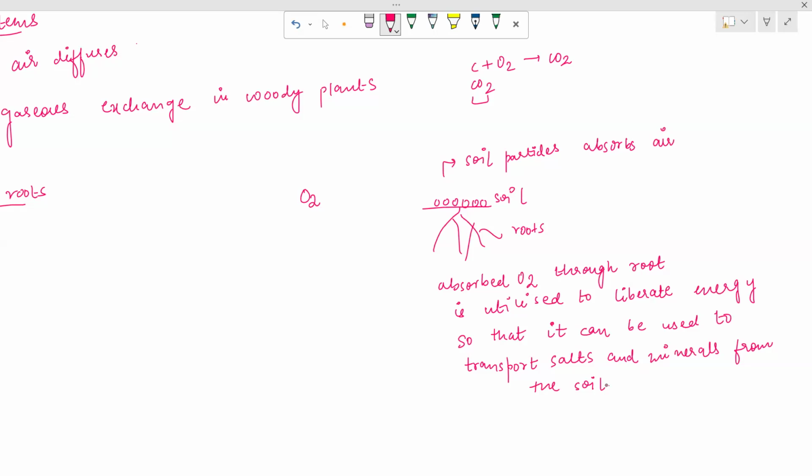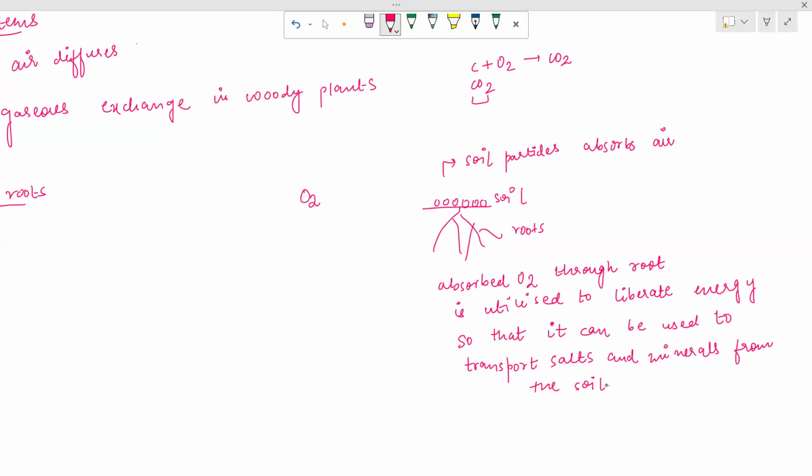So there will be no transport of salts and minerals; there will be no requirement for their transportation. So there will be more carbon dioxide at night and less oxygen. That's why it is advisable not to sleep under a tree during the night, because they are giving off carbon dioxide, and that is toxic for our body. That's why we are exhaling it.